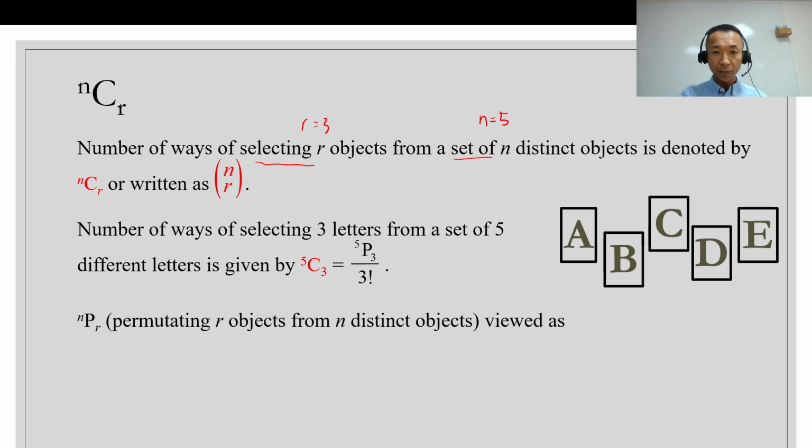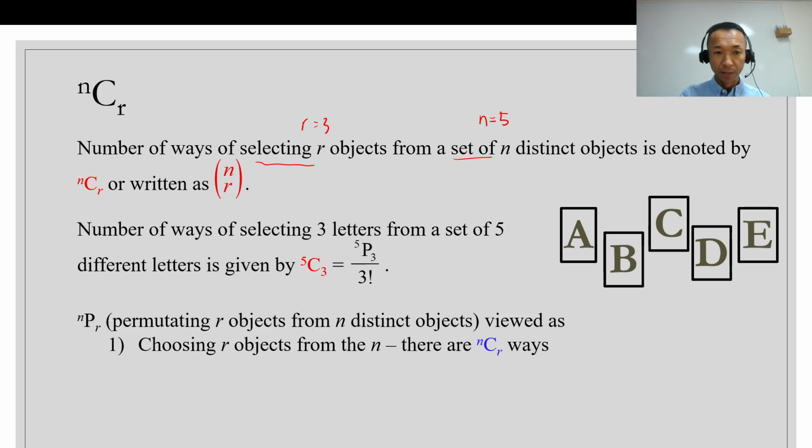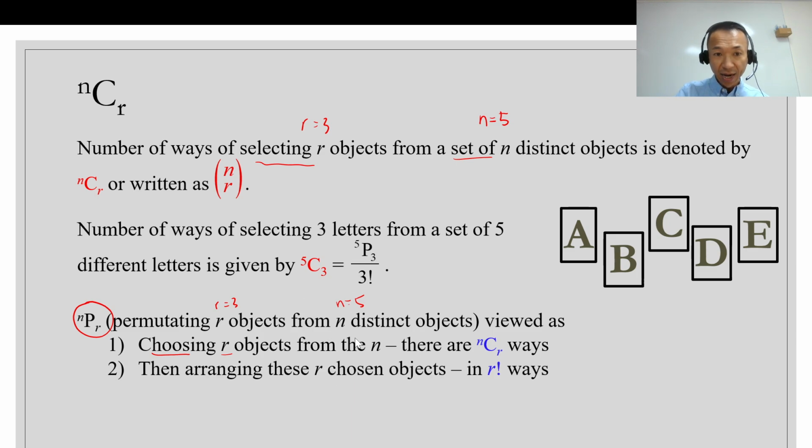Therefore, nPr can be seen as: first I choose r, for example 3, with n being 5. I choose 3 out of 5 first. Then after that, I multiply by r factorial.